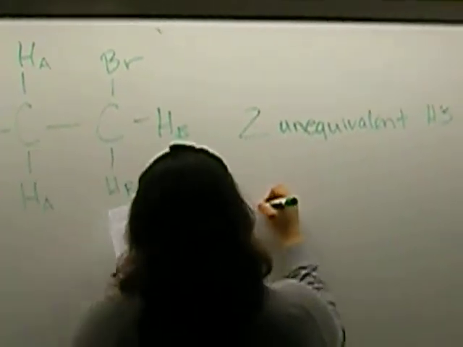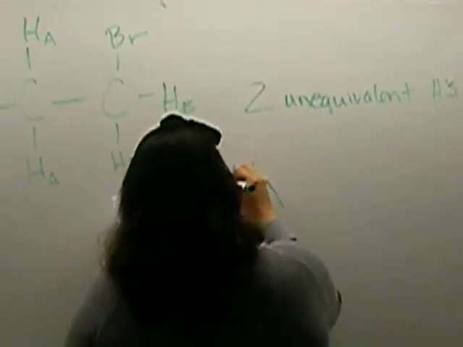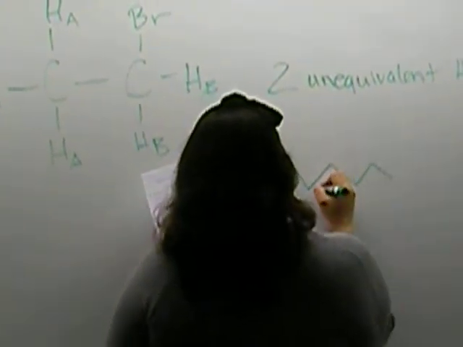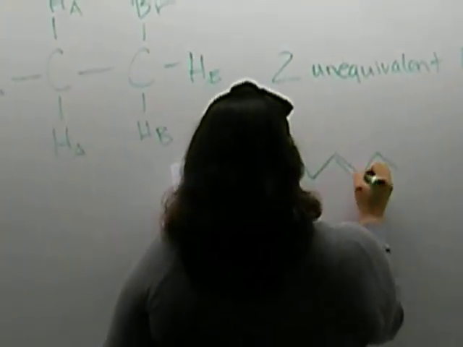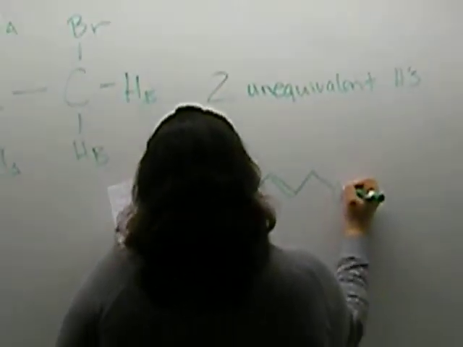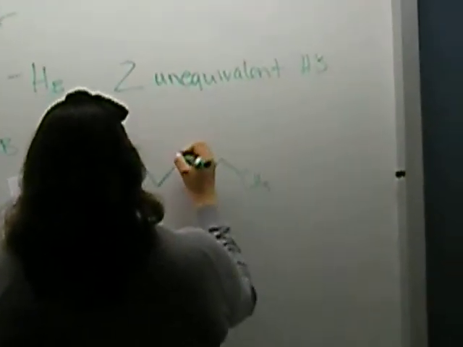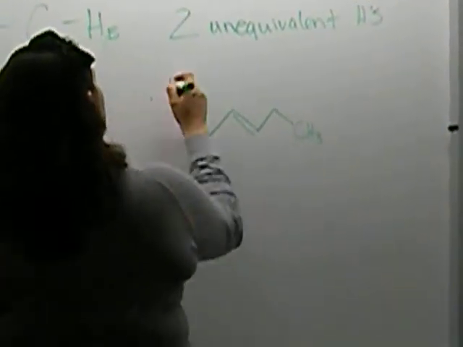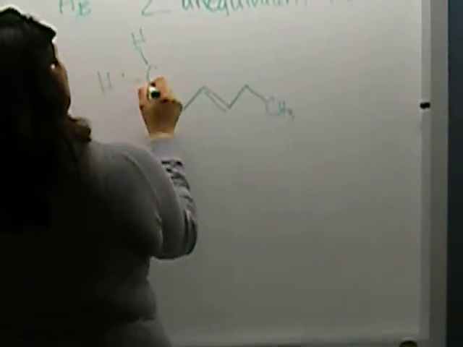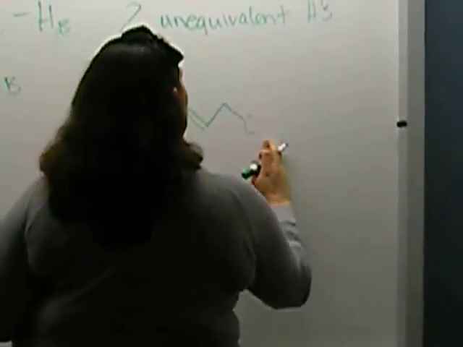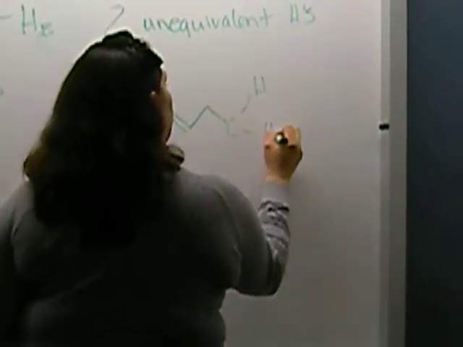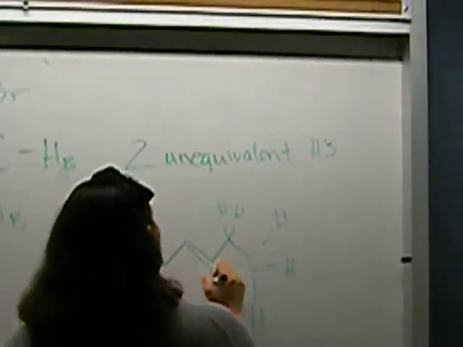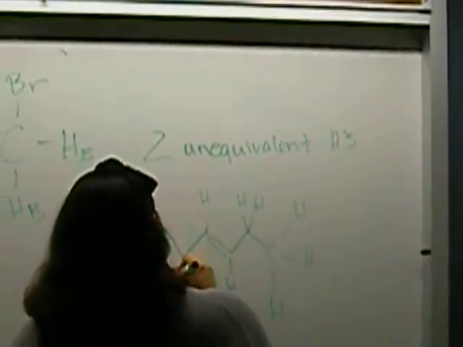Now what about this one? Now we draw in all the hydrogens, so we would put H, two on this, one here, two here.